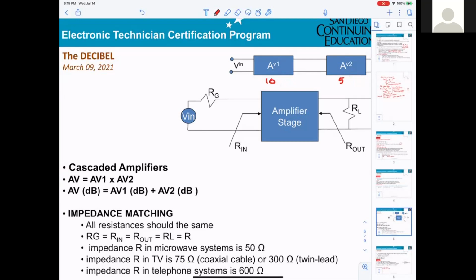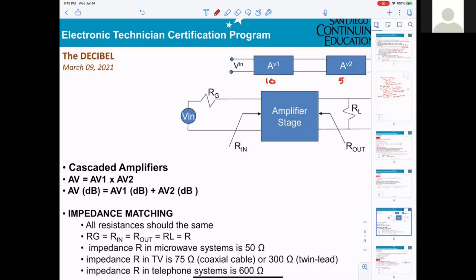So if it's just a number, a 10 and a 5, that is 50. But if you put dB next to it, then it would be the second one, depending on what they give. Okay.